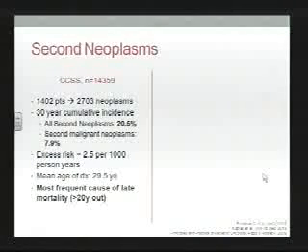The excess risk was 2.5 per 1,000 person years, and a very important point to note is that the mean age of diagnosis was about 30 years. So many of the topics today are outside of the pediatric realm at this point. Second neoplasms are the most common cause of late mortality, so after 20 years post-therapy, this is the number one cause of mortality.